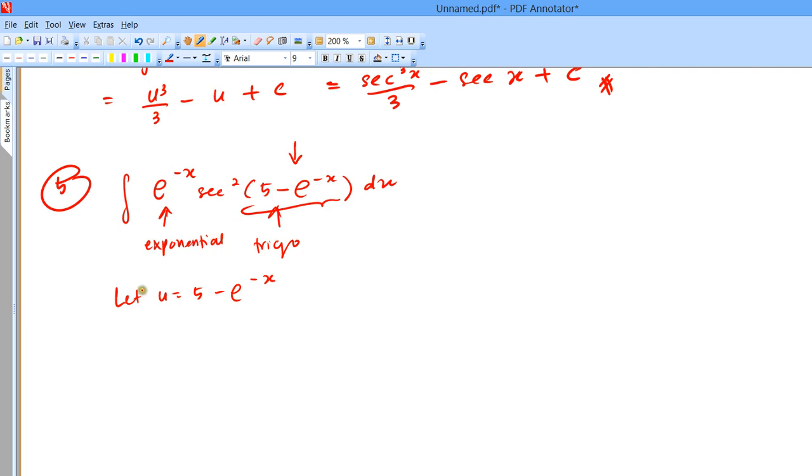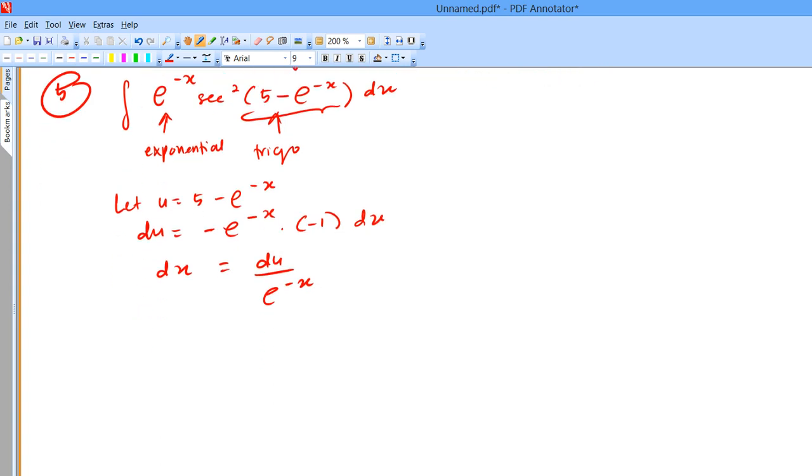the exponential function, and then differentiate both sides. Left hand side equal to du, right hand side negative e power of negative x times negative 1 dx, or dx equal to du over e power of negative x.